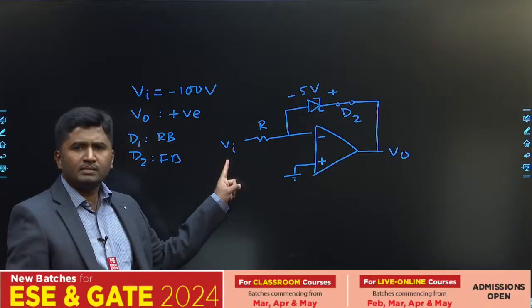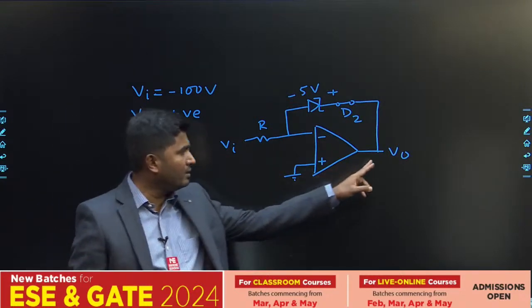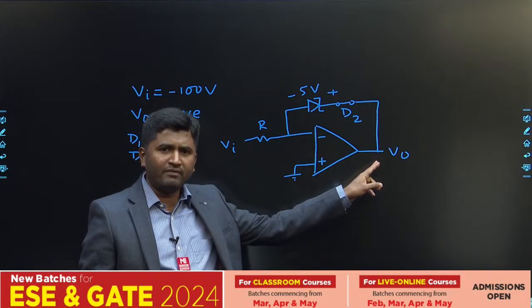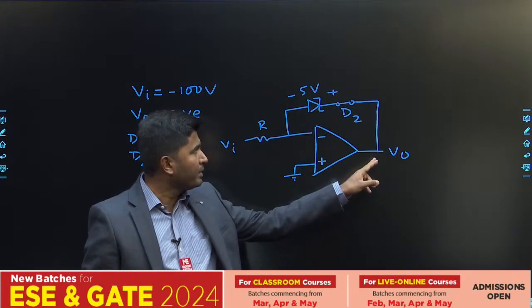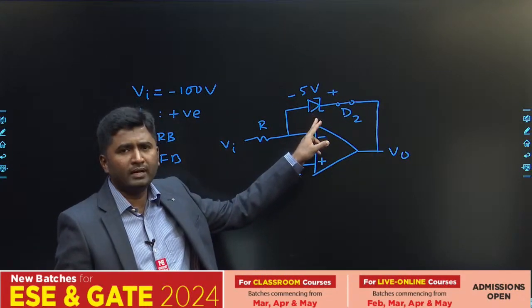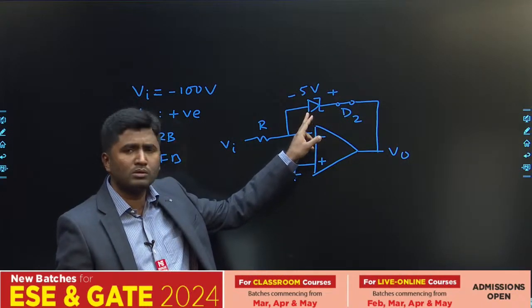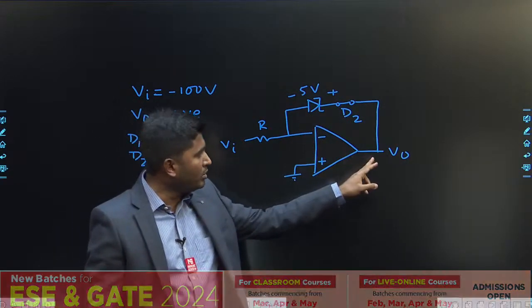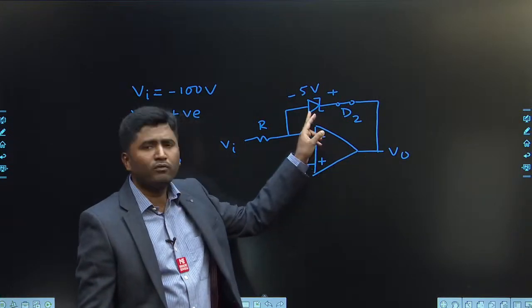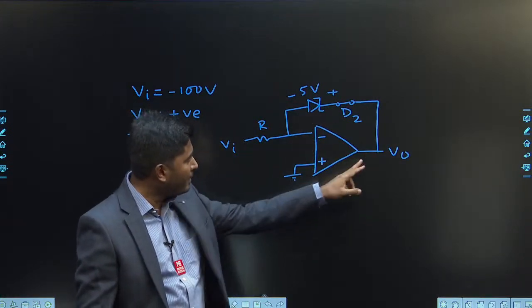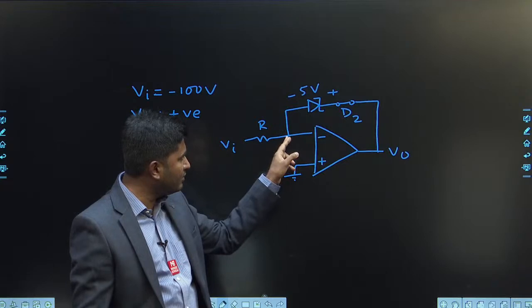If input is sufficiently negative, you may get a value V0 equal to 5 here, and with V0 5 volt, this Zener diode will go into breakdown, and once Zener diode goes into breakdown, that output will remain equal to 5 volt only. If you observe, V0 minus 0, this node is at virtual ground.